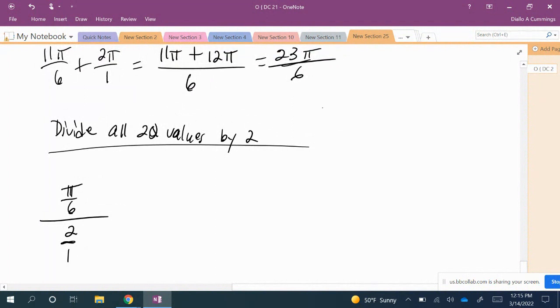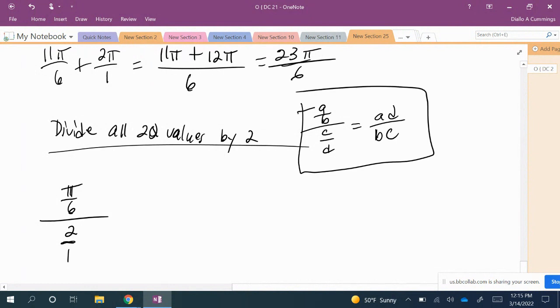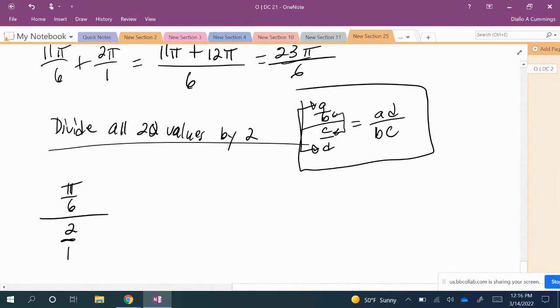Then remember the other formula that we're using: A over B all over C over D is equal to A times D divided by B times C. So you can multiply the very top and the very bottom, and the bottom on the top and the top of the bottom. Here I can multiply pi times 1, which is pi. 6 times 2 is 12, so I have pi divided by 12.